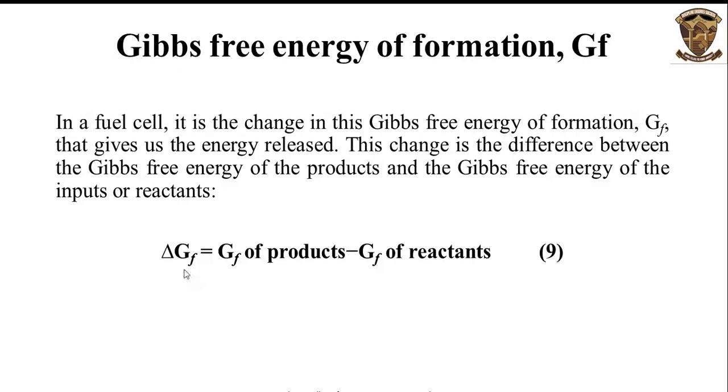So delta Gf, the change in Gibbs free energy of formation, is equal to Gf of products minus Gf of reactants. So in the case of a fuel cell, the product is water, and the reactants are hydrogen and oxygen.